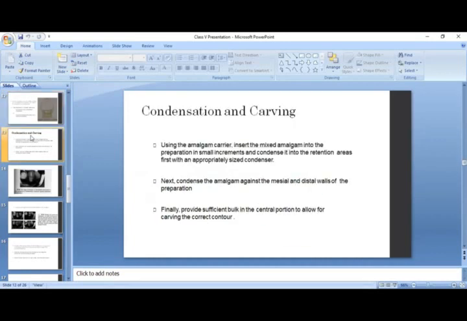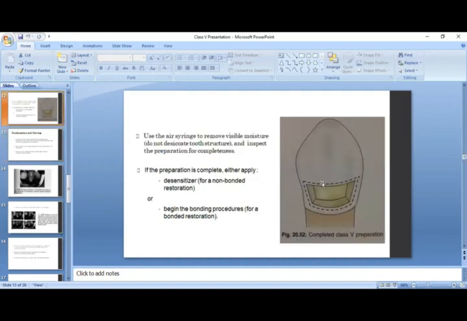So what is basically condensation in the carving? Using the amalgam carrier, insert the amalgam into the preparation in small increments and condense it into the retention areas first with an appropriately sized condenser. Now imagine that we are going to fill that area with the restoration.